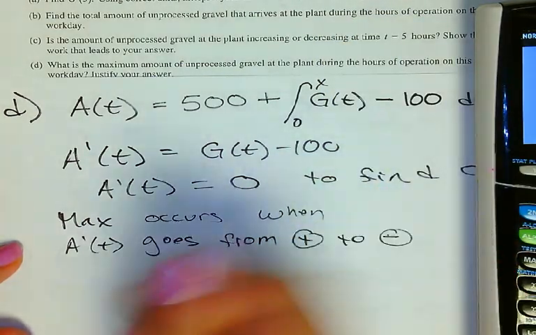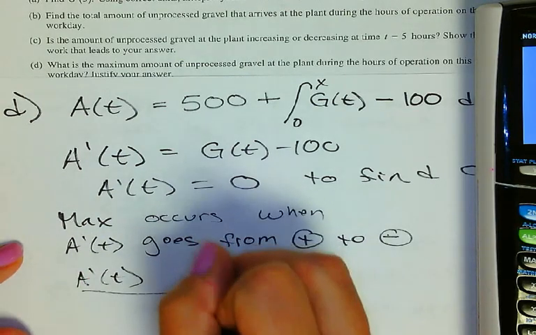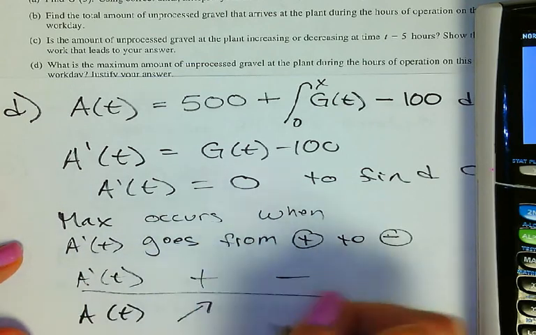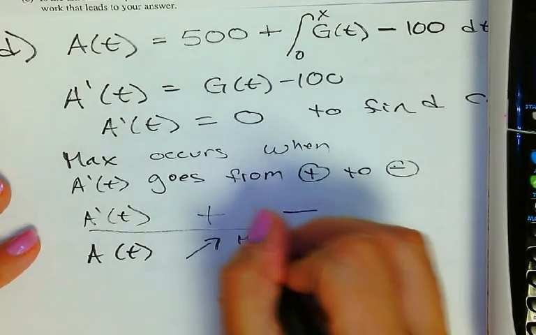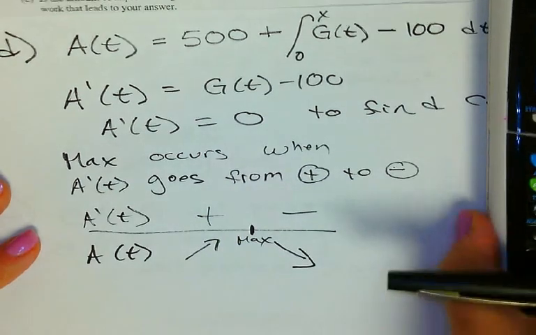Think about a sign chart: when this goes from positive to negative, that means the original function was going from increasing to decreasing, and so you have a maximum there. So I'm trying to figure out at what time that occurs.